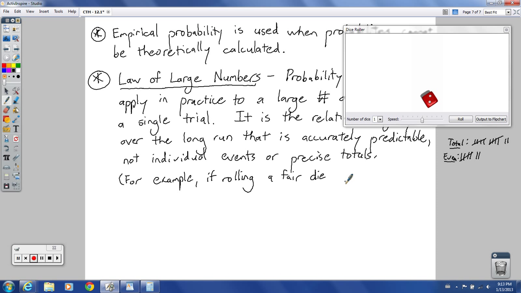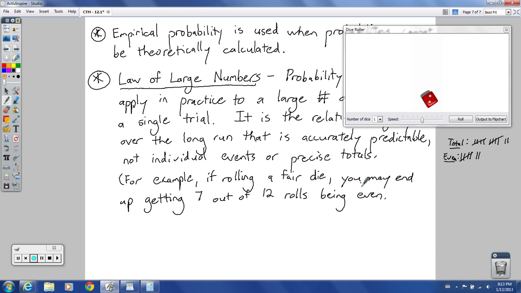So if rolling a fair die, you may end up getting 7 out of 12 rolls being even.